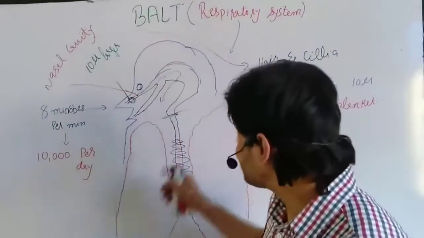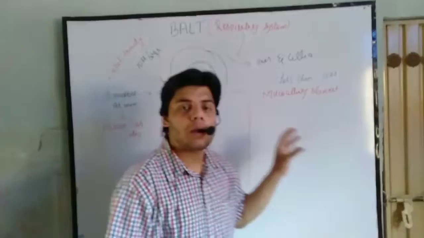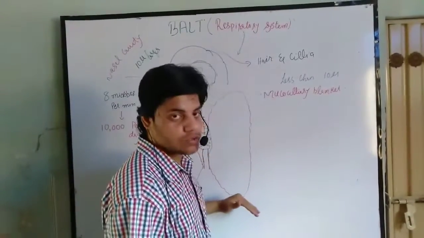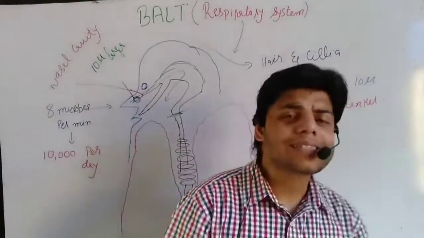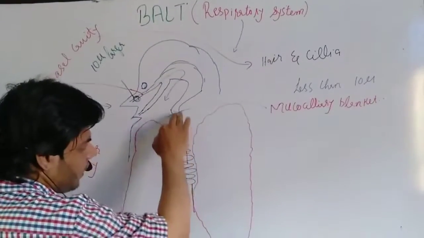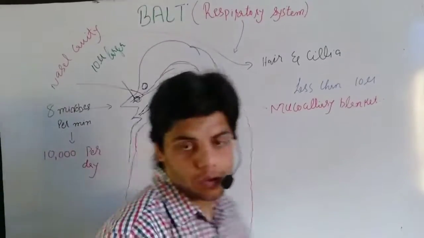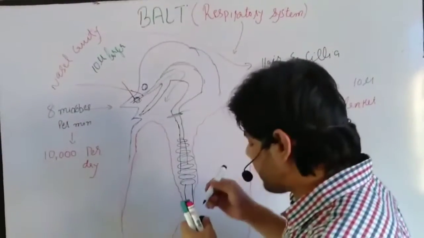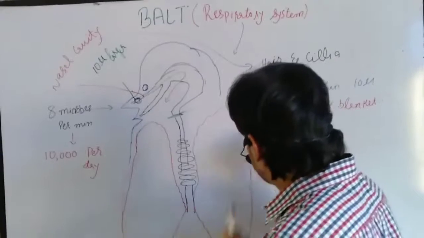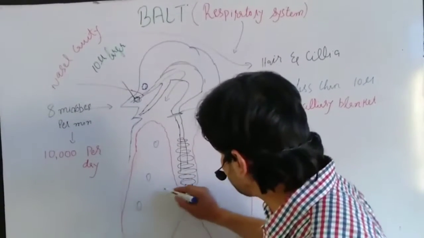So we can say that this mucociliary blanket protects the lower respiratory tract. Now let's say the microorganisms can also pass this area and reach the lungs. Let's say these are the microbes that reach the lungs area.